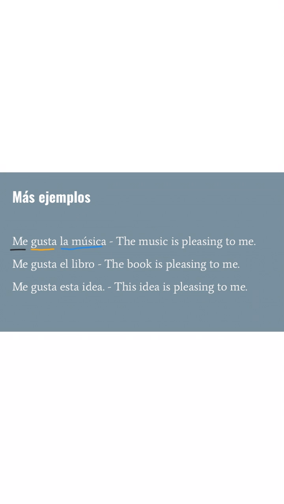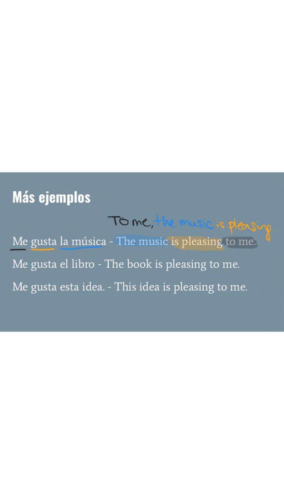We have the music is pleasing, and then we have finally to me, right? Again, if you feel more comfortable writing it in the other fashion, you could say to me, comma, the music is pleasing. Okay, you can do that for every single one, all right?